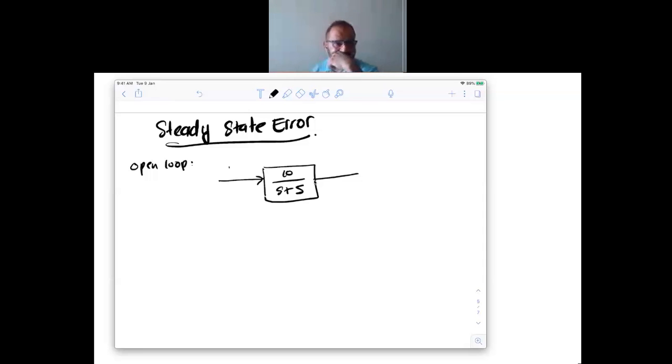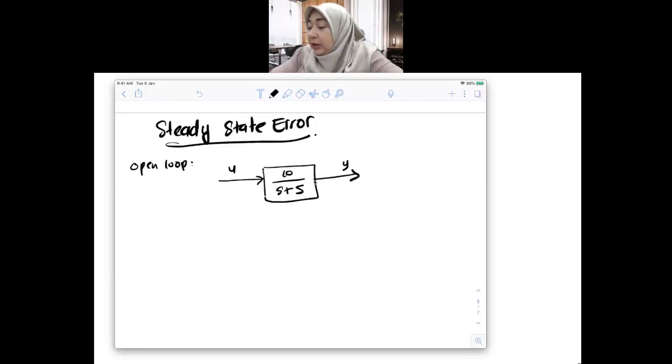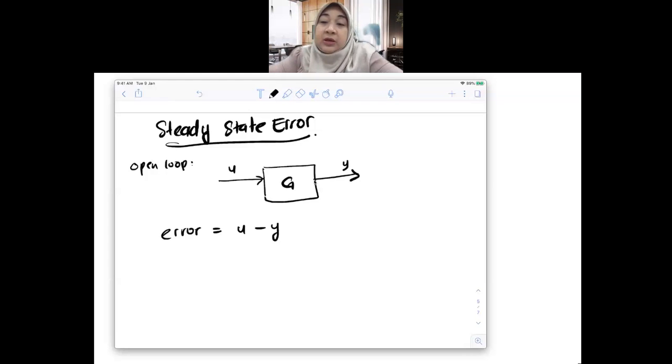When we have input applied to an open loop system like that, the error is equal to what? Error is equal to the input minus the output. Let's say this transfer function, instead of having values, let me just put that as simple as G first. So error in that sense is going to be equal to u minus y. In this case, what is y?